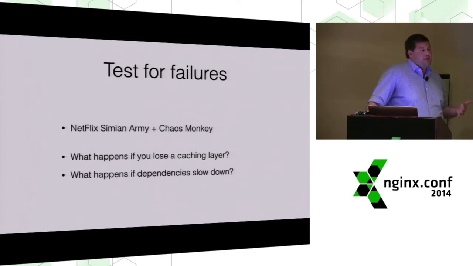Not all application problems are your fault. Oftentimes, it's a third-party service provider that's having an issue or something that you can't control. So you should test for those failures, or at least understand how the application responds when you are having failures. If you use Amazon Web Services, Netflix has released a bunch of different tools called the Simian Army.